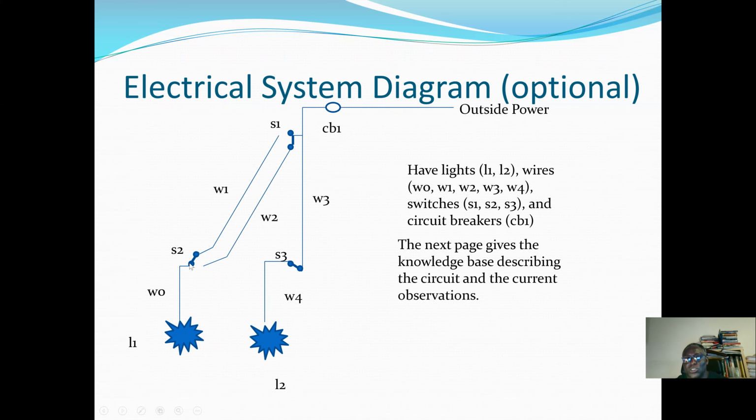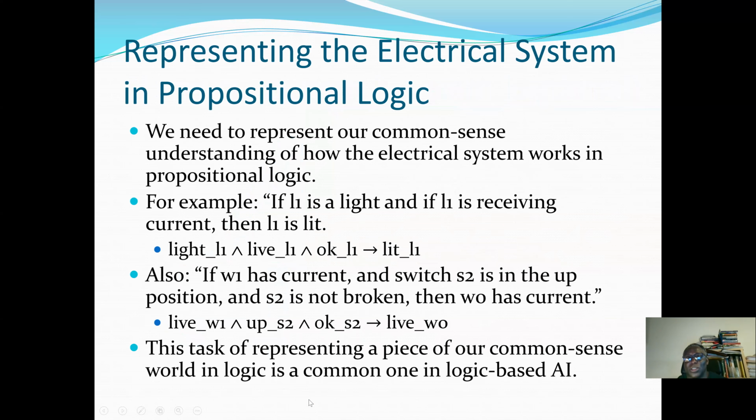Now, if the switch is off or open, then there's no current on W0. That's between S2 and L1. So what we are doing is generating the knowledge-based system of this electric circuit: what conditions will make the two lights on, and what conditions will make the two lights off. That's what we are doing here.